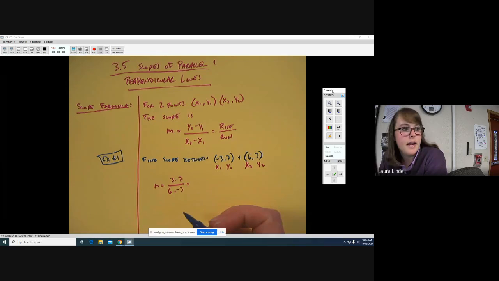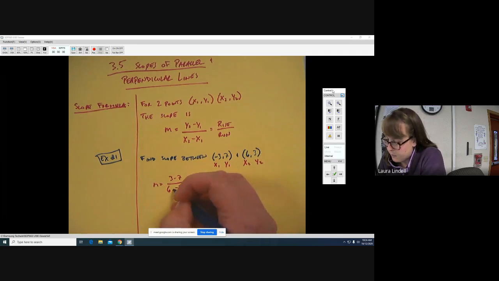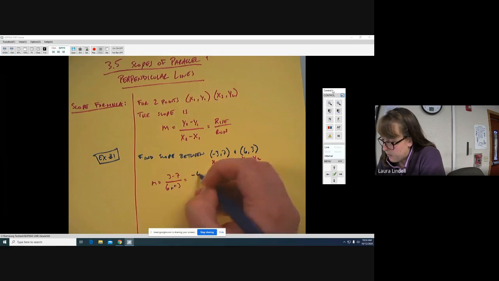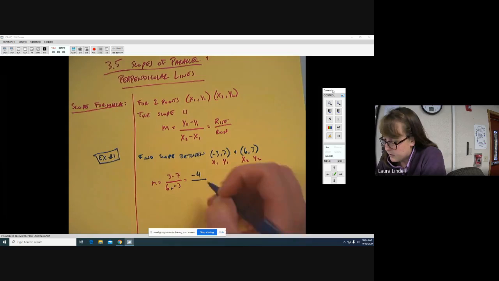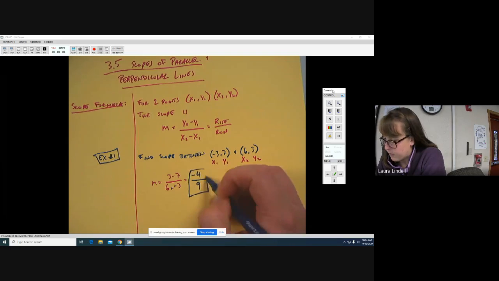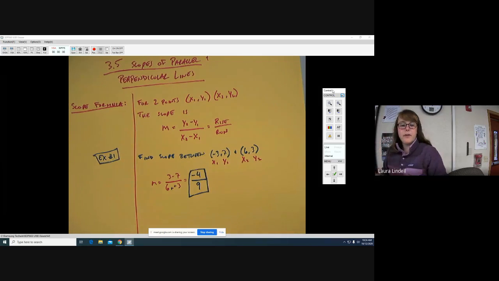Now remember, minus a negative is like adding a positive, so on the bottom it'll be like plus 3. 3 minus 7 gives us -4. 6 plus 3 gives us 9. So -4/9 would be our slope there. And if you get a fraction that reduces, you can reduce the fraction. If you get a fraction that does not reduce, like in this case, then you just leave it the way it is. So this would be our answer if we were asked what is the slope between these 2 points.